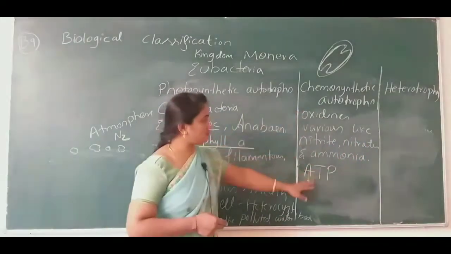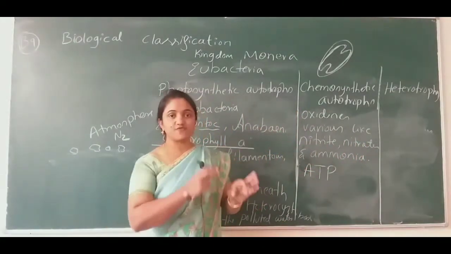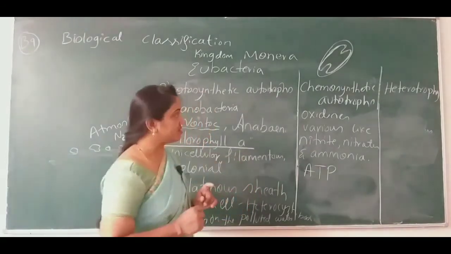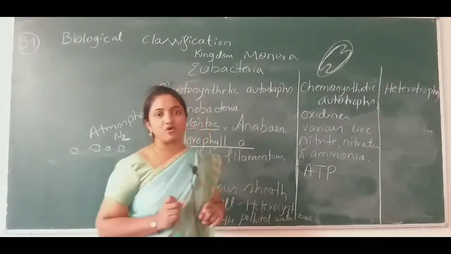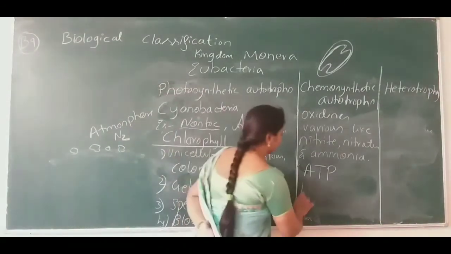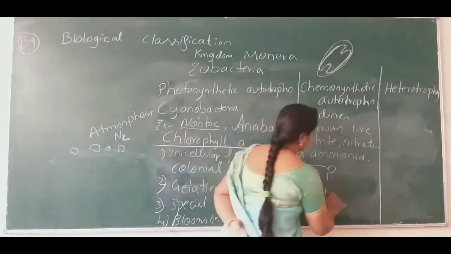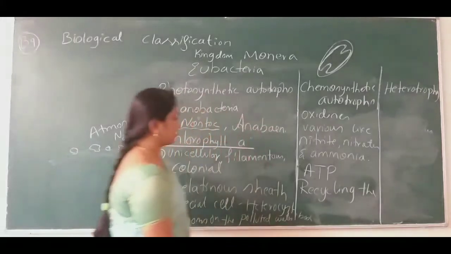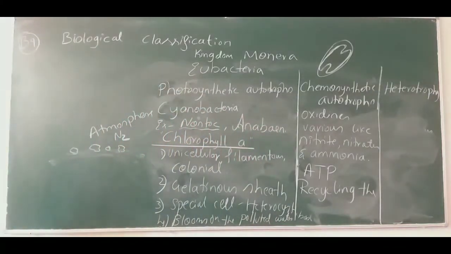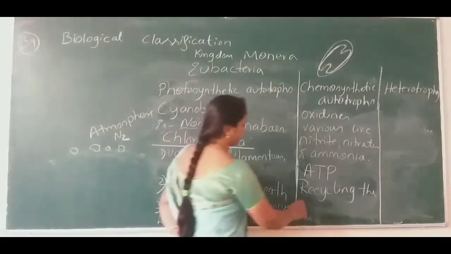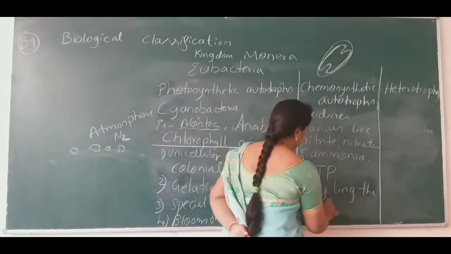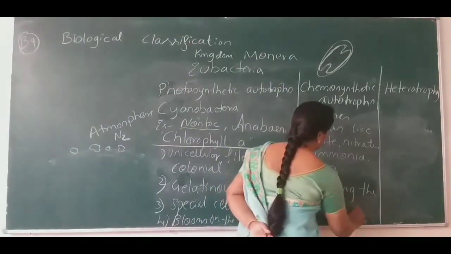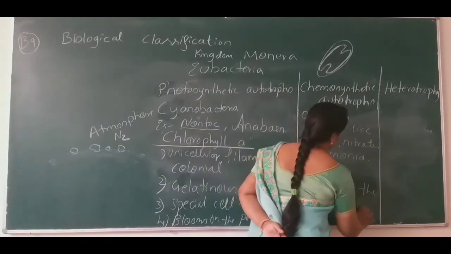So this is how chemosynthetic autotrophs work, and they play a very important role in recycling the nitrates and nitrites and nitrogen, phosphorus, iron, sulfur.